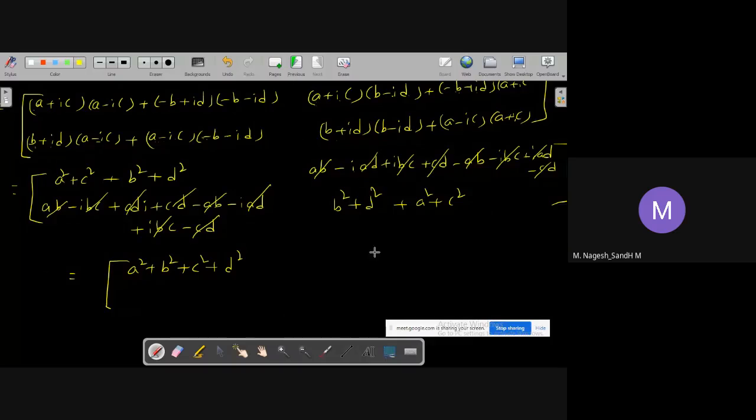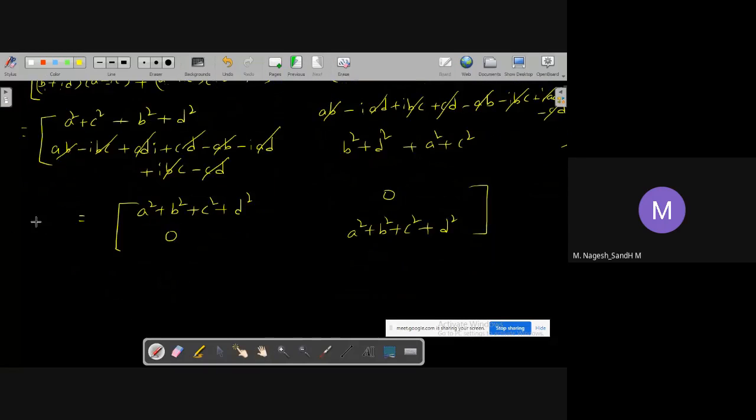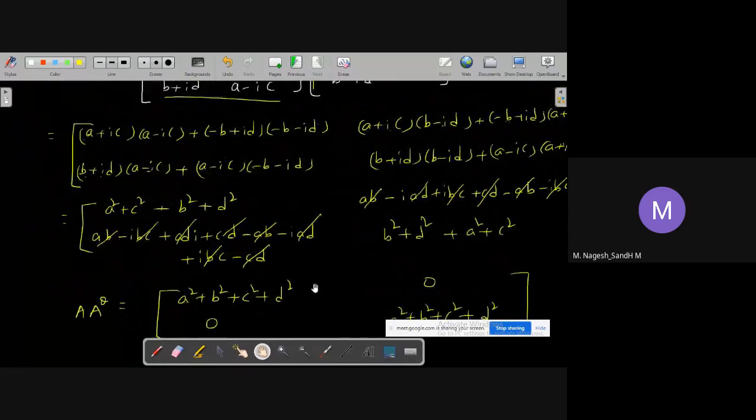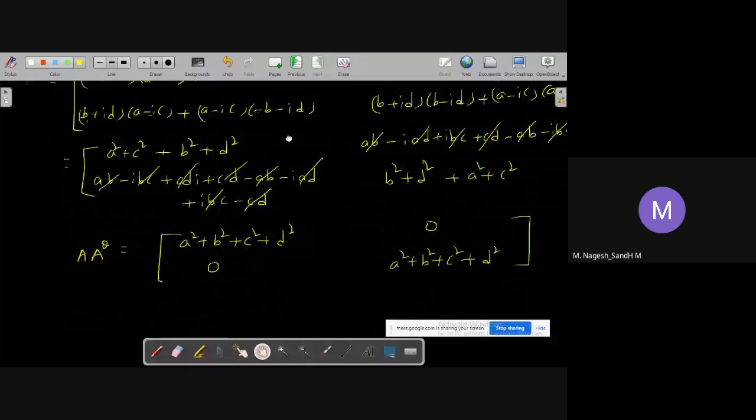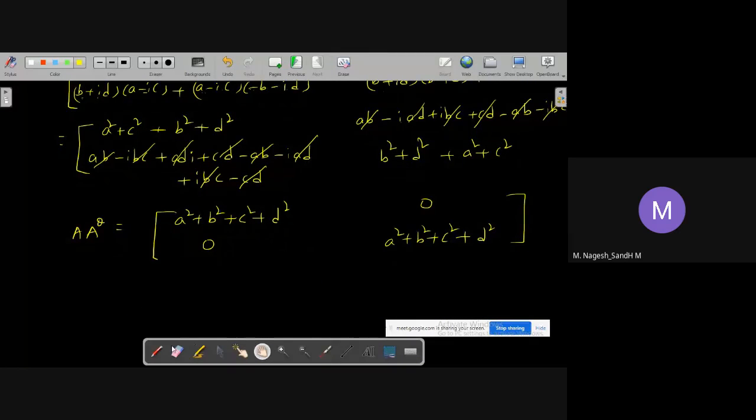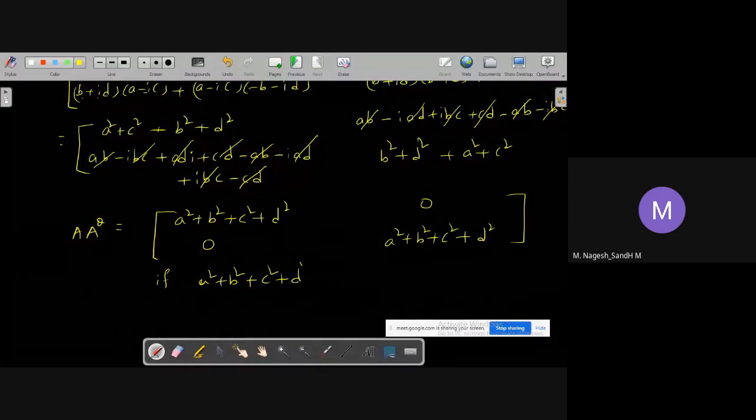Okay, these values are 0, and this value is a square plus b square plus c square plus d square. So what is A into A power theta? That is the value you got. To make it an identity, what do you have to take? Can anyone say? Yes, a square plus b square plus c square plus d square equal to 1.